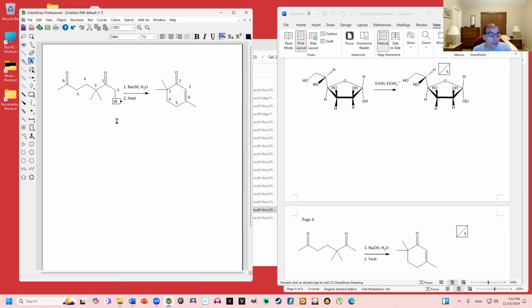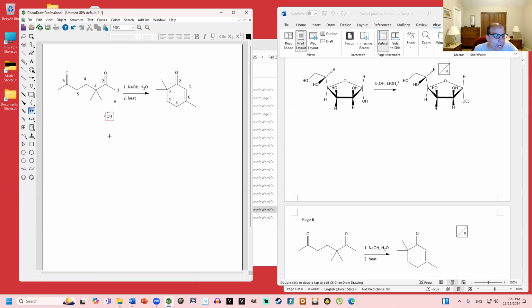The first step is going to be forming the enolate there. The way we know it is to be there is because that's the only set of acidic protons that are going to get us this 6-membered ring with that correct numbering. So in order to know what to use to pull that proton off, we look back at what we're given. We're given sodium hydroxide and water, so we need to use hydroxide ion in order to do that.